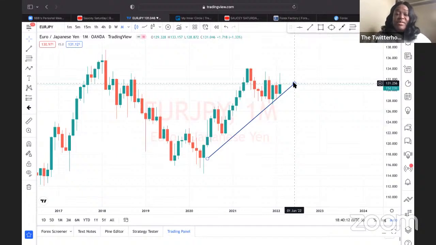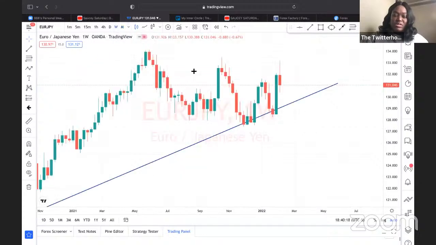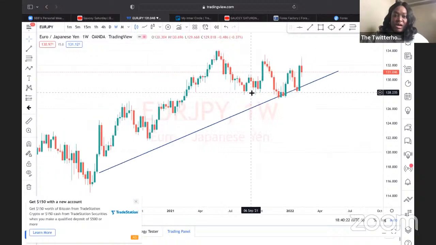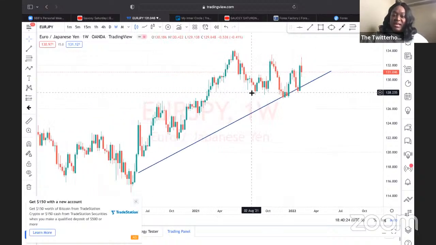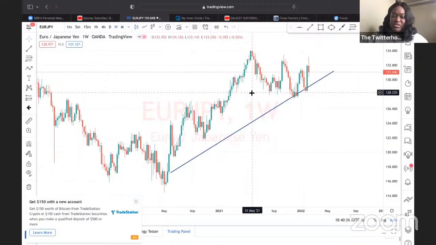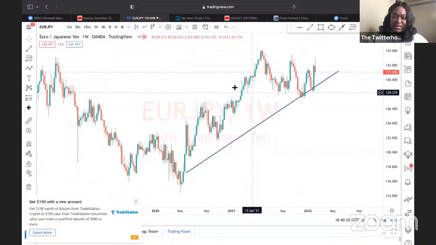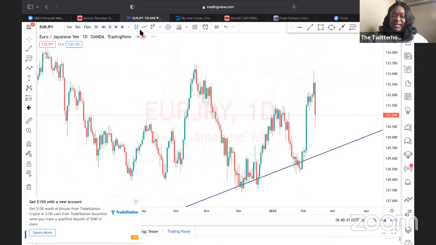So that means with Euro, I really want to look for buys when I do most of my trading. On the weekly, also an uptrend, right? On the daily, yeah, we saw on Friday it tanked like crazy, but this is an uptrend.